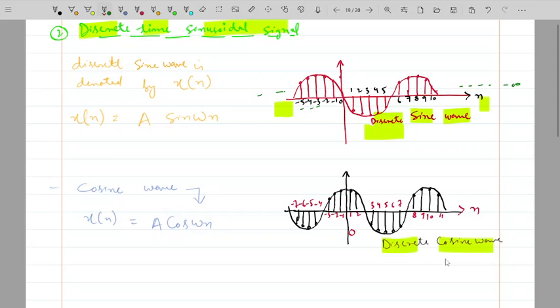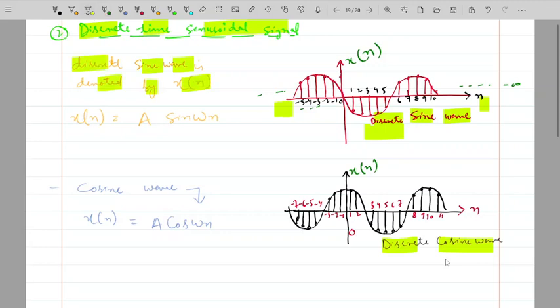With the increasing cycles, the number of values increases. This is the digital discrete form of the sine wave, and the digital signal is represented with x of n. So the discrete sine wave is denoted by x of n.